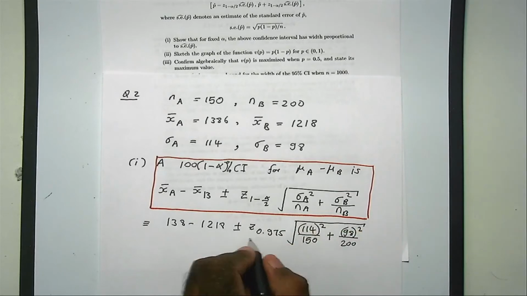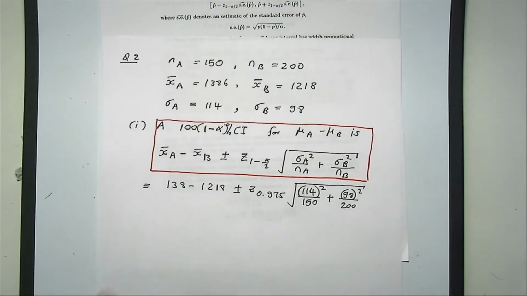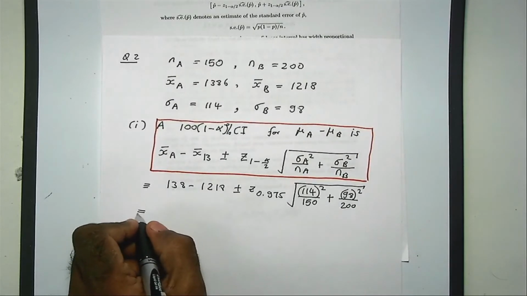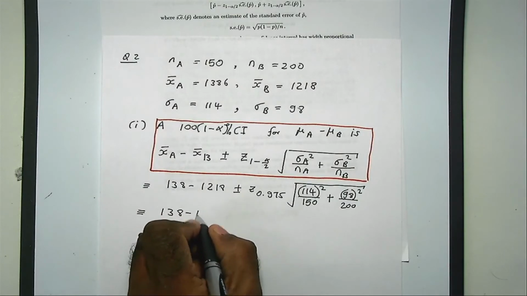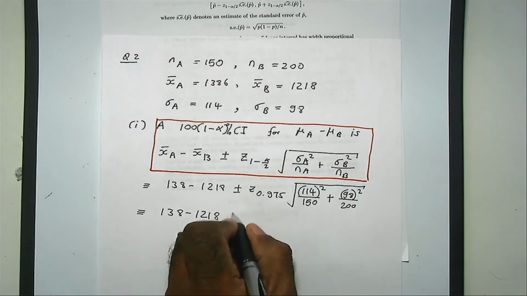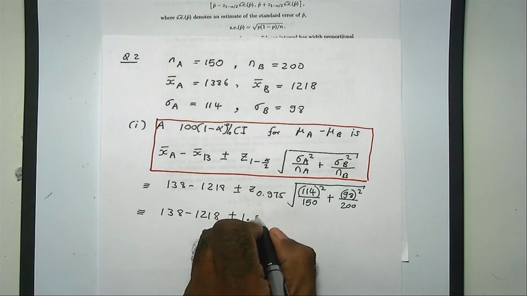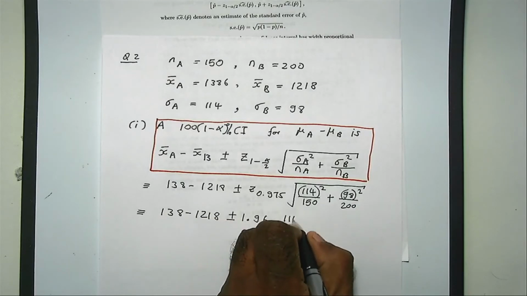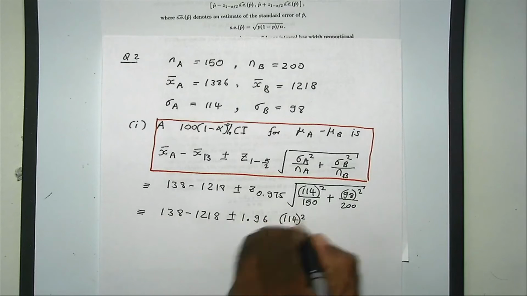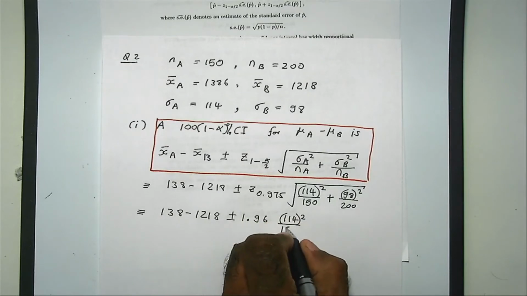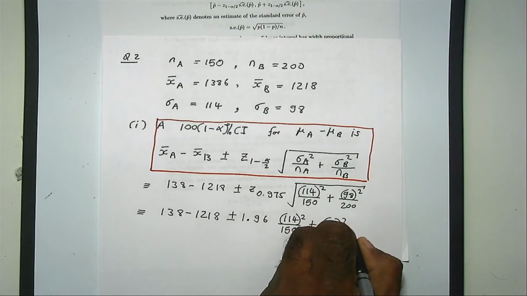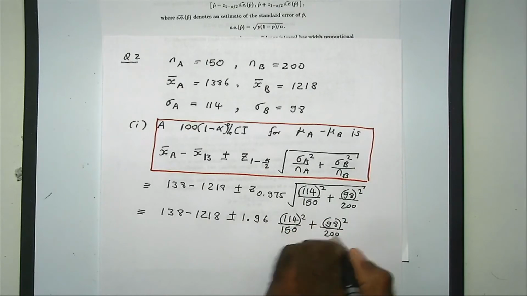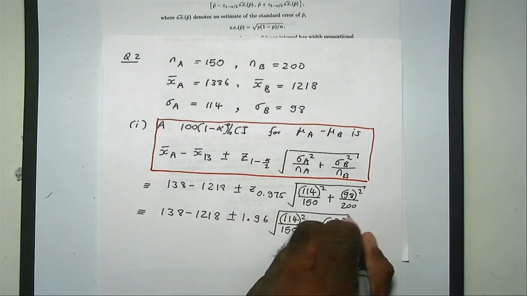Alright, now if you read this off the table, you will get 1.96, so this is okay.